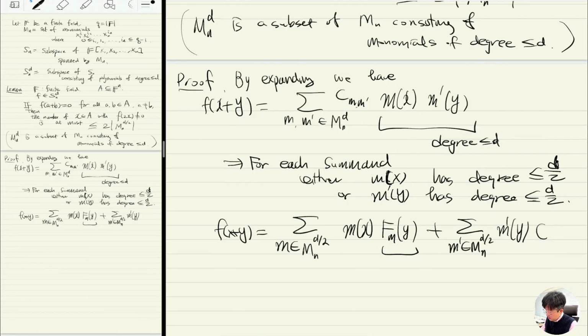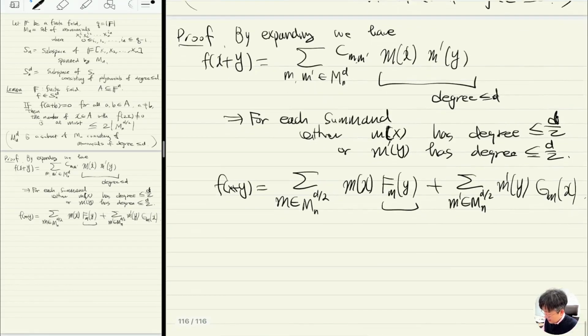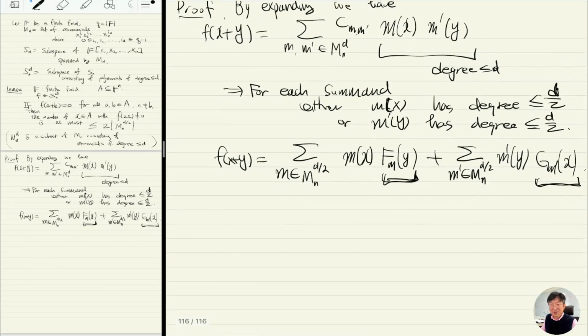Let's use g. These are some of the c_{m m'} m'(y), and this is some of the c_{m m'} m(x). All right, so that's f of x plus y.